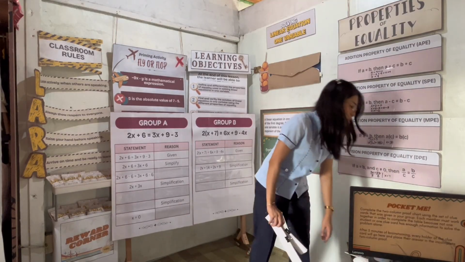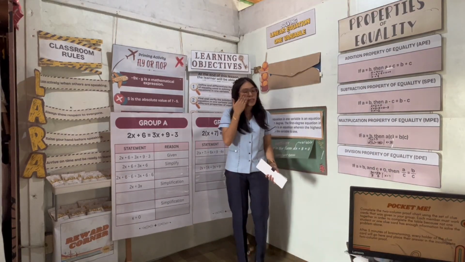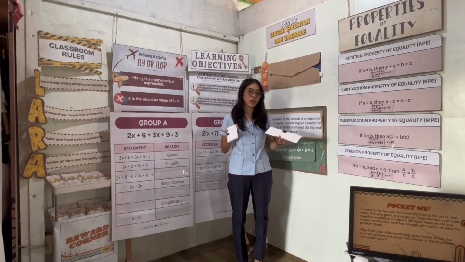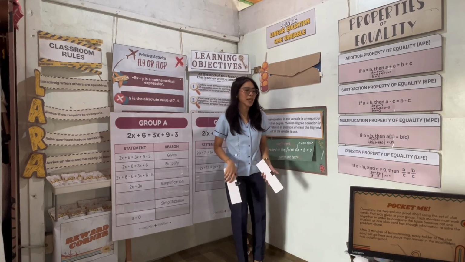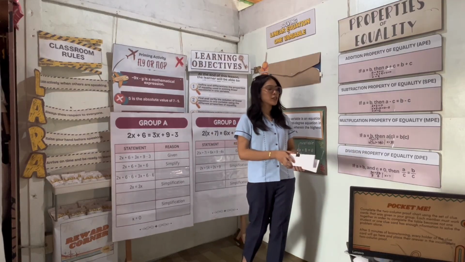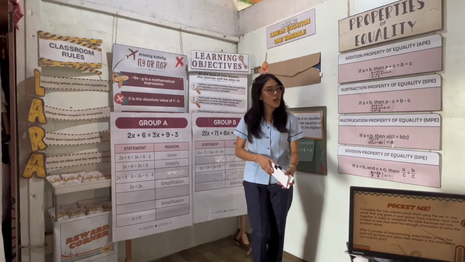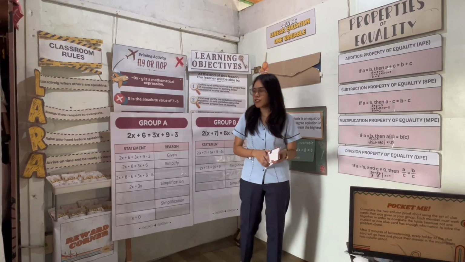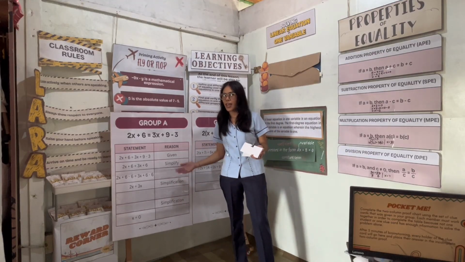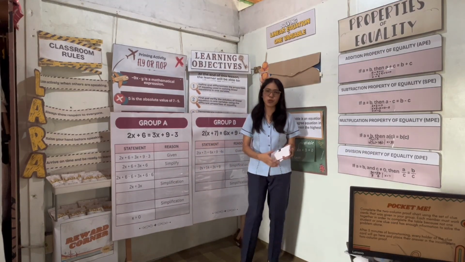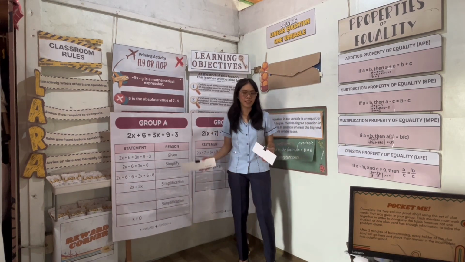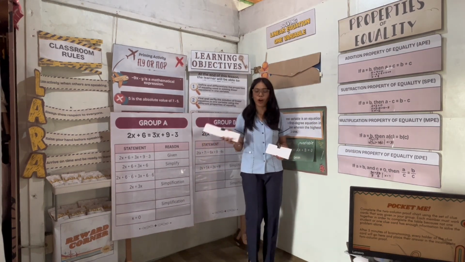Now, for our direction, complete the 2-column chart using the set of clue cards that I will give to you in your group. Each member must work together in order to complete the table, because not one member or single clue card has enough information for you to solve this whole problem. So you need to work together to be able to complete the 2-column proof.